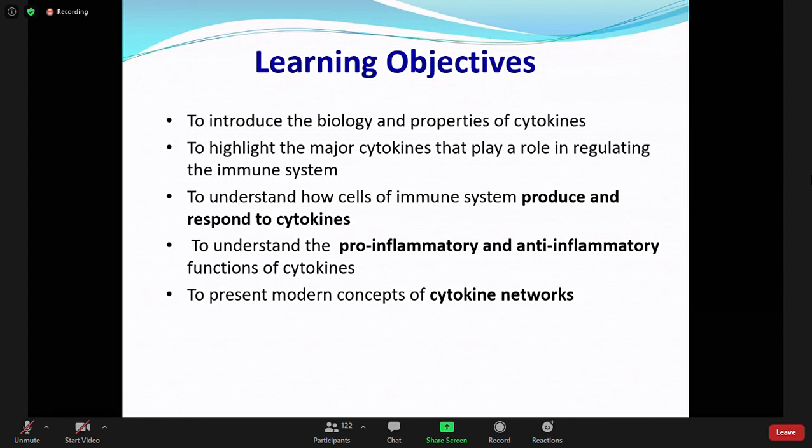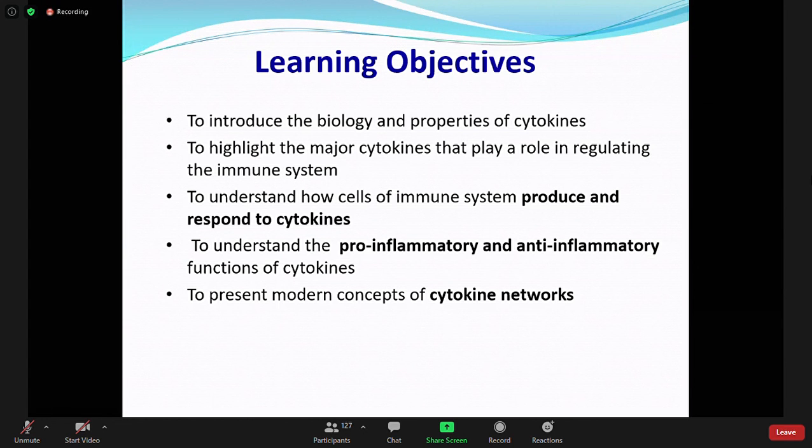To understand what happens when cytokines are released, the response to them, and that cytokines have very diverse multifunctional actions, and some of them can in fact have opposite effects.